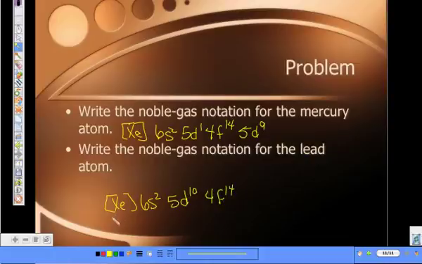Or your book may write it in order of increasing energy levels, so it would be 4f14 first, 5d10, and then 6s2. Any of those three ways is okay with me, whichever way you want to do it.